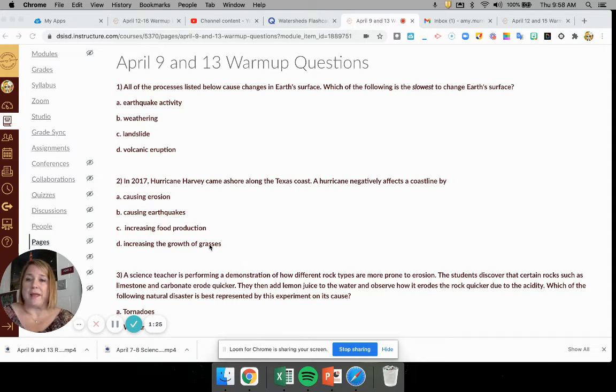It erodes away barrier islands that leave coasts unprotected, that allow saltwater storm surge to wash up on shore, so that once those beaches and those sand dunes are eroded, it starts a whole cascade of other negative impacts. So the first thing is that it negatively affects a coastline by causing erosion.